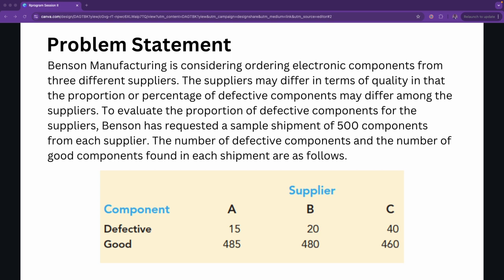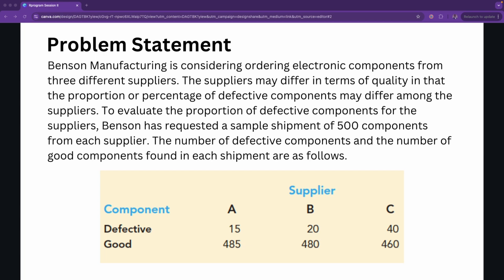So in today's E2 tutorial video, we're going to look at a manufacturing problem. We have the problem statement, which you can see on the screen. Benton Manufacturing is considering ordering electronic components from three different suppliers.